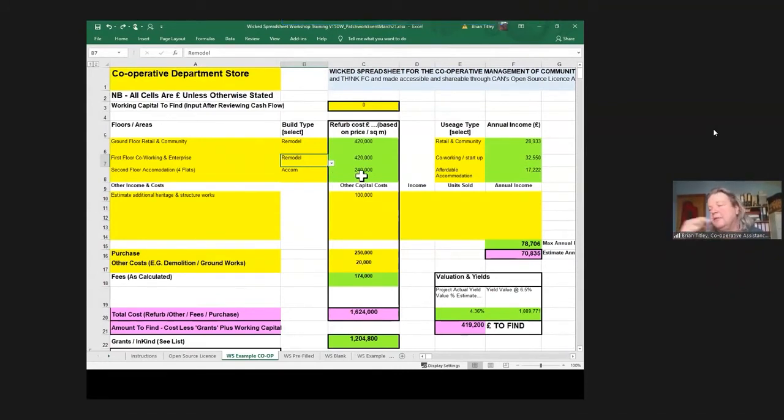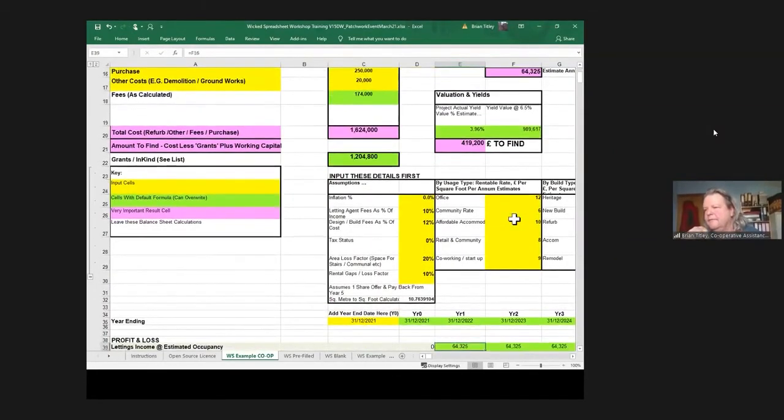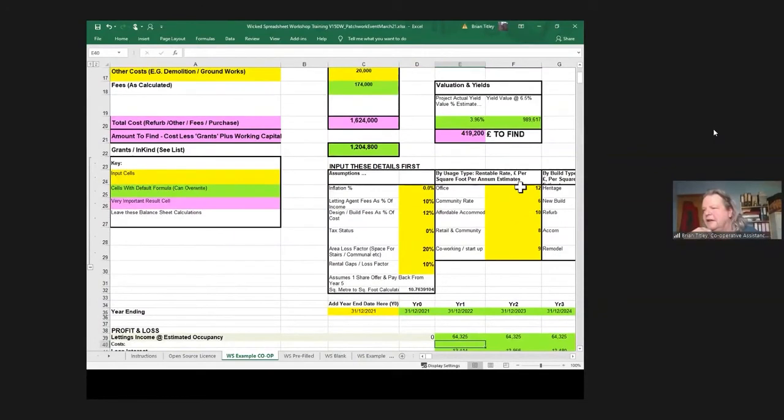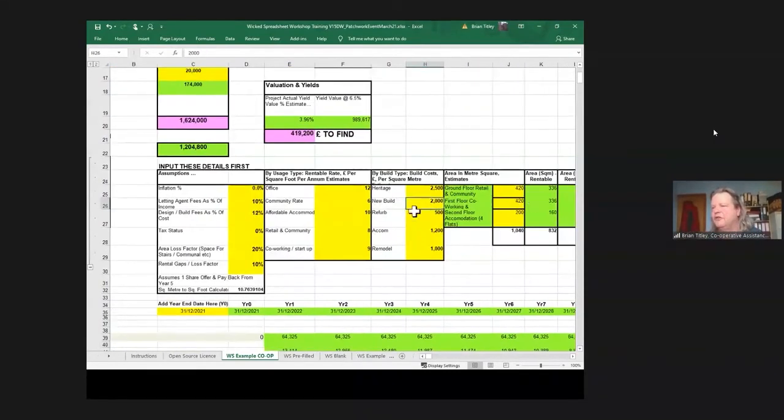It's pulling up the cost because you're converting it to accommodation, so it costs X amount per square meter. Likewise here, you've got community retail, so you select what you want, and if it was community rate, then it will put in the pounds per square foot that you've put down the page here. So it's just drawing off those two tables.